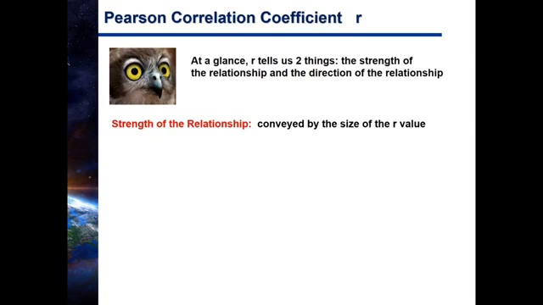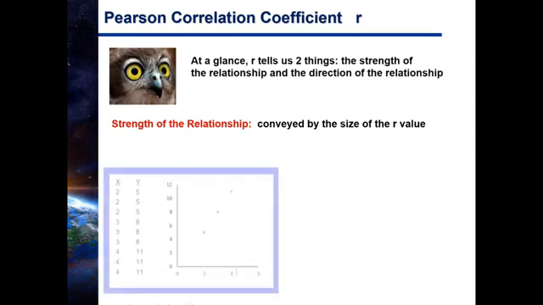What tells me about the strength of the relationship, whether it's strong, medium, weak, absent, or perfect, is the actual size of the R value.